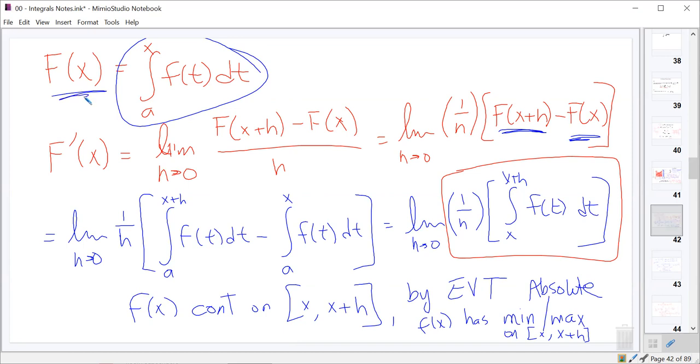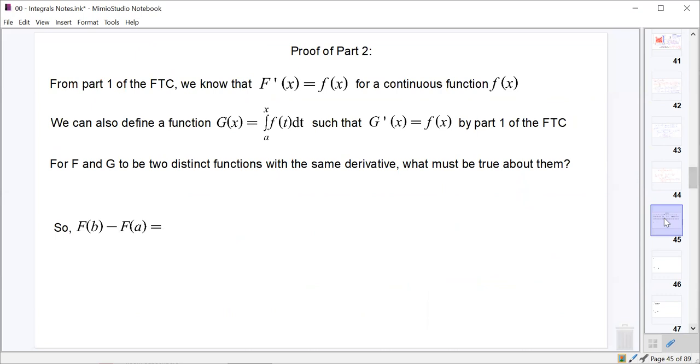So that's proving to us, in a second way, that the derivative of an integral is just the original function.